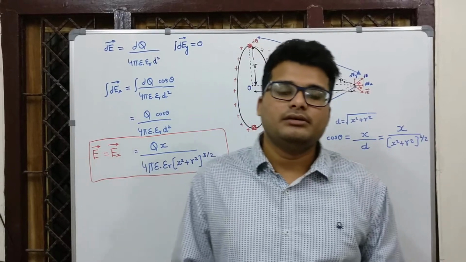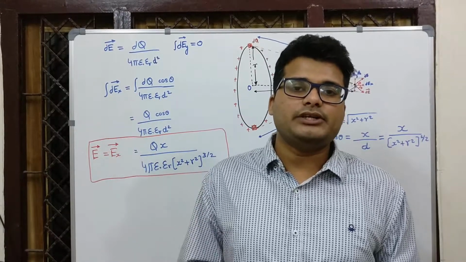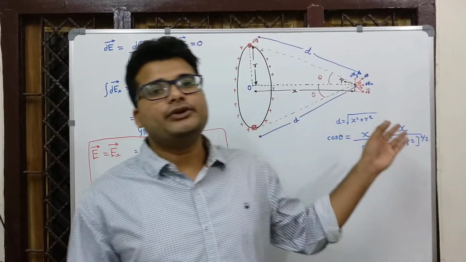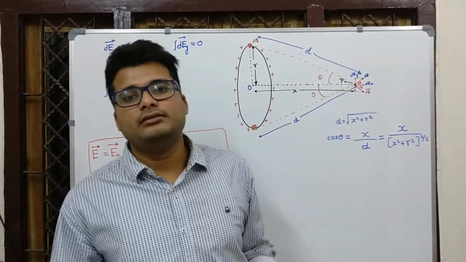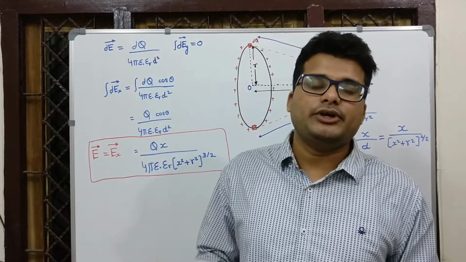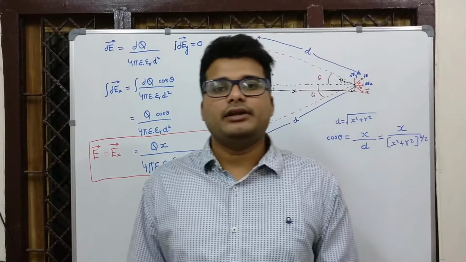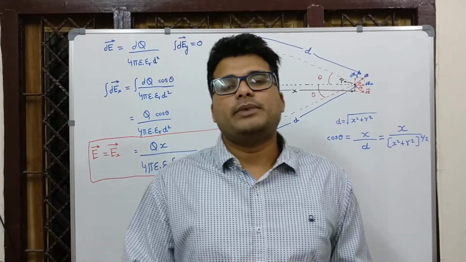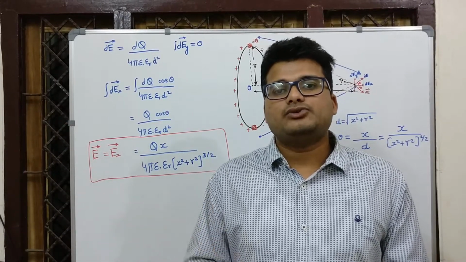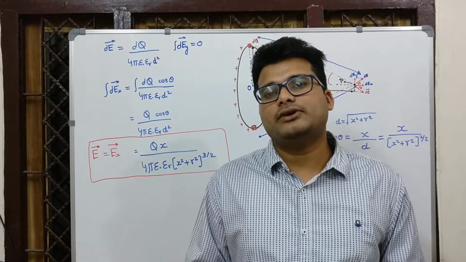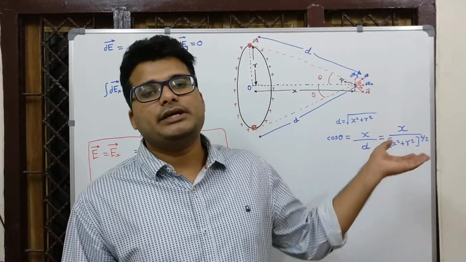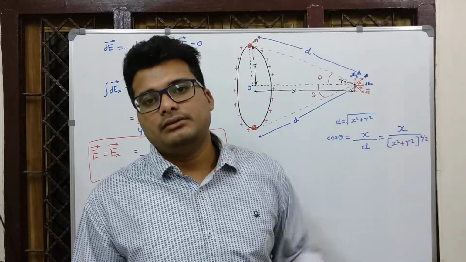What is dE? dq upon 4 pi epsilon naught d square into cos theta. I have already told you cos theta is constant, so everything is constant except dq. Integrate that. What do we get? Q cos theta upon 4 pi epsilon naught d square. Now cos theta is nothing but base upon hypotenuse, that is x by d.